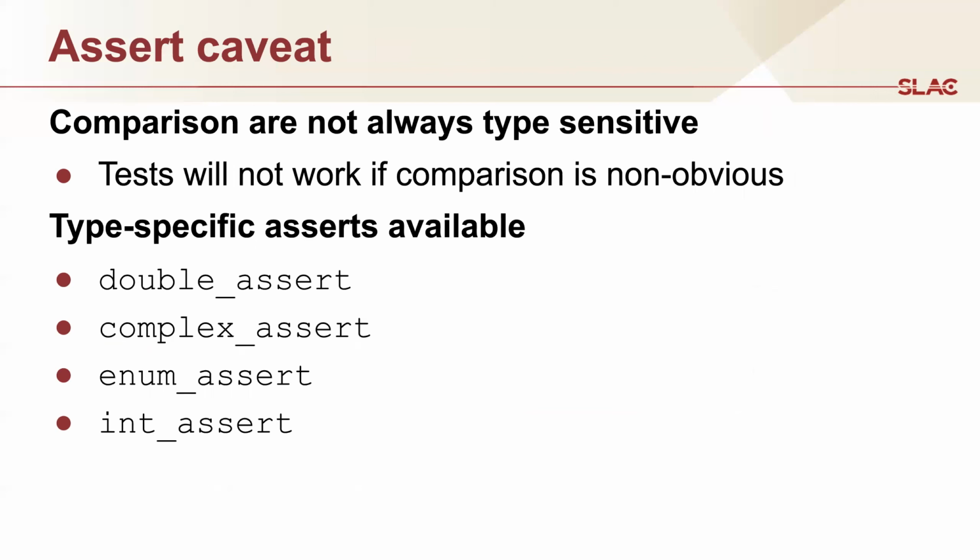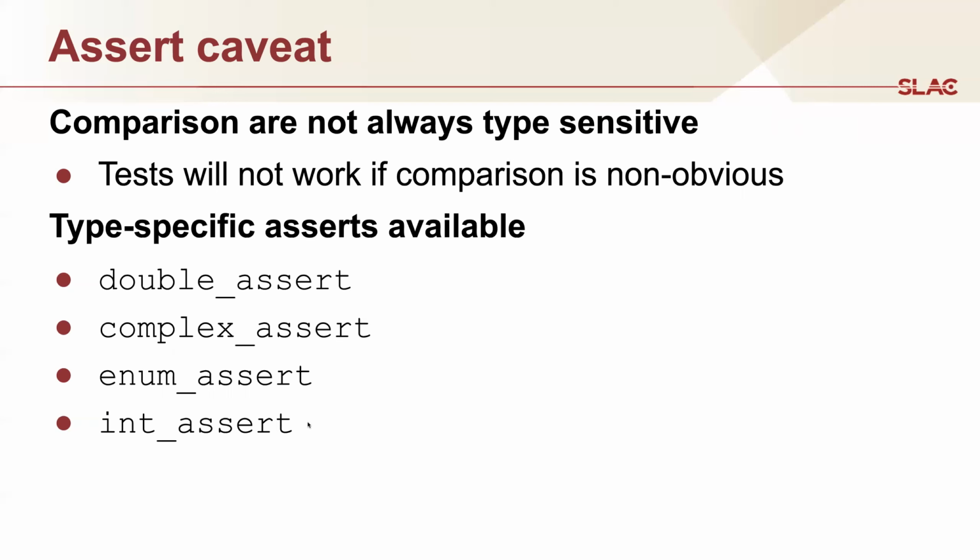A couple of caveats on assert. Not all tests make sense or are unambiguous when you implement them using asserts. So if you run into a situation where the assert doesn't work the way you expect, then it's a good idea to use a type-specific assert. There are 4 type-specific asserts that have been implemented in the assert module: one that's specifically designed for doubles, one for complex values, one for enumerations, and one for integers.